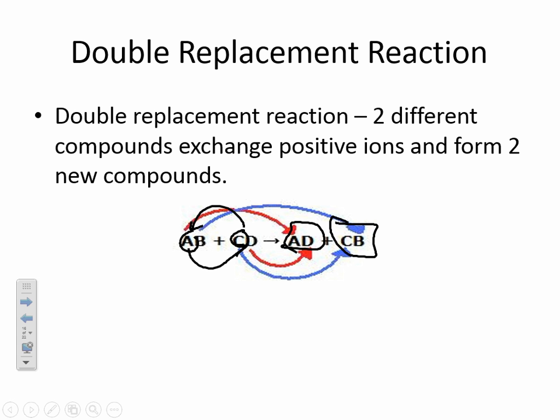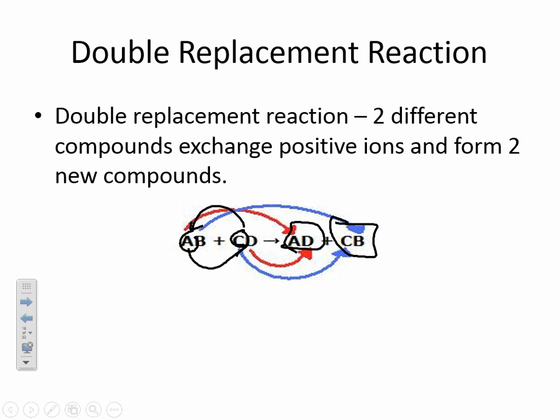Now, the easiest way to remember this typically is that in a single replacement reaction, you're going to have 3 elements or compounds. And in a double replacement reaction, you're going to have 4 elements or compounds. So that's one way you can distinguish the difference. In a single replacement, 3 elements or compounds total in the reactants, and 1 is switching spots.